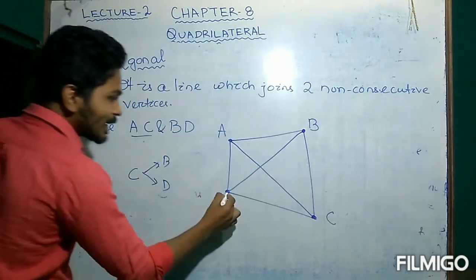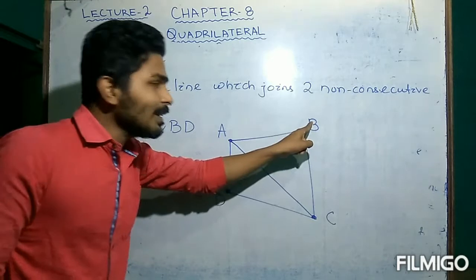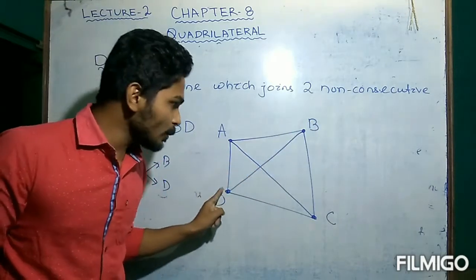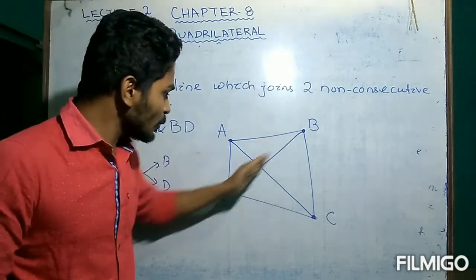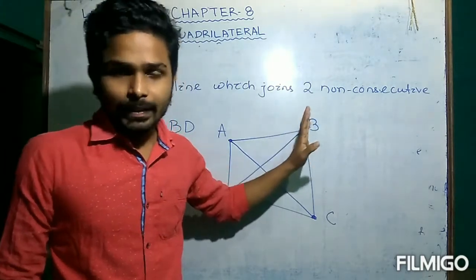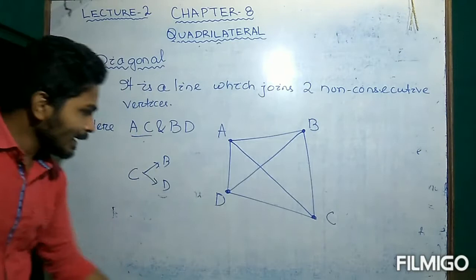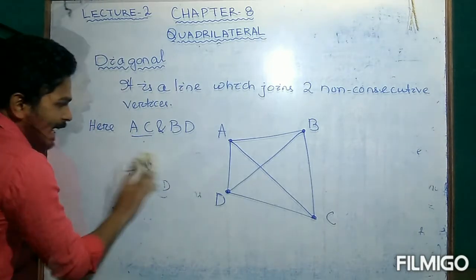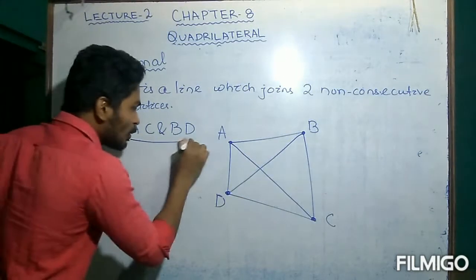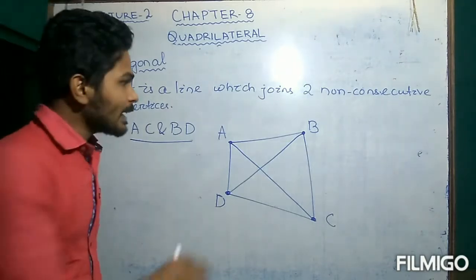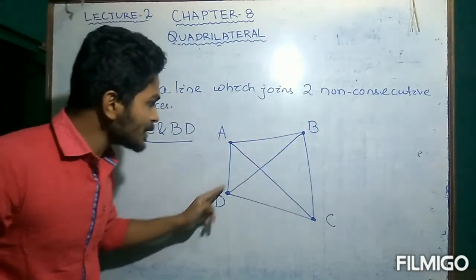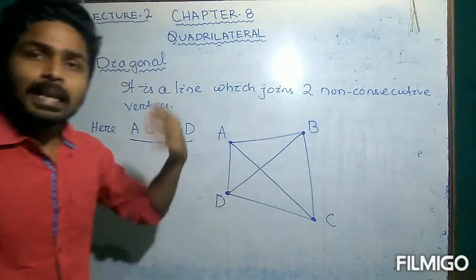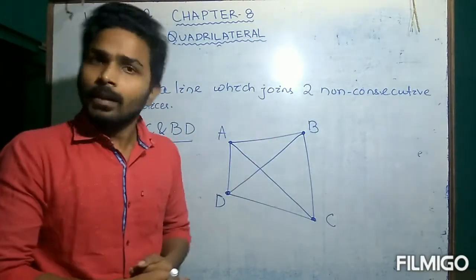Similarly, if we consider the vertex D, then D and B are two non-consecutive vertices, but we have already joined them, so we need not join these two vertices again. Hence, we find a quadrilateral has, as a whole, two diagonals. Whenever we join any two non-consecutive vertices, we find an individual diagonal.